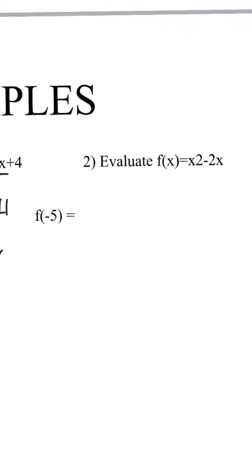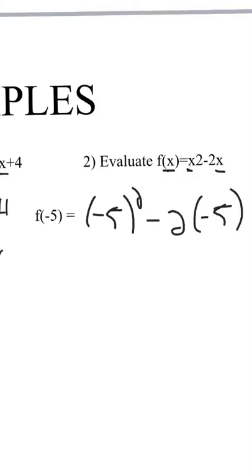And if we look at the second example, we have f of x equals x squared minus 2x. And we want to find out when x is negative 5. So we're going to take out all these x's and plug in negative 5. So f of negative 5 would be negative 5 squared minus 2 times negative 5.